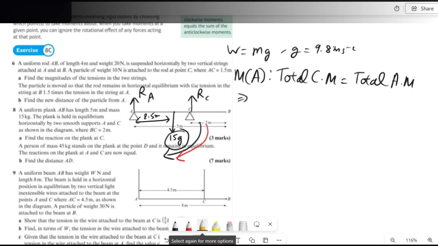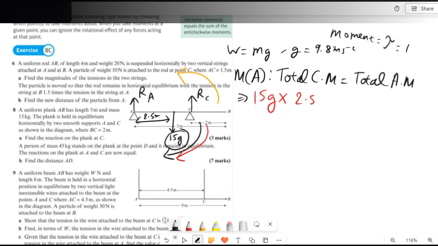Similarly, in the anti-clockwise direction, the normal reaction force at C provides the moment. So the total clockwise moment is 15g multiplied by the distance 2.5 meters, because moment is equal to force multiplied by the perpendicular distance from the pivot.